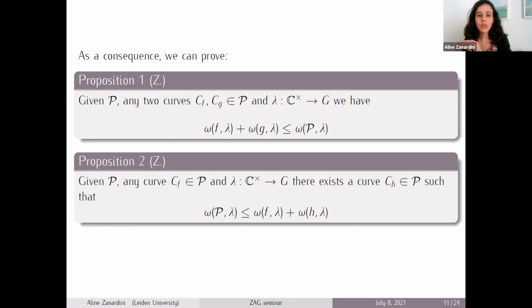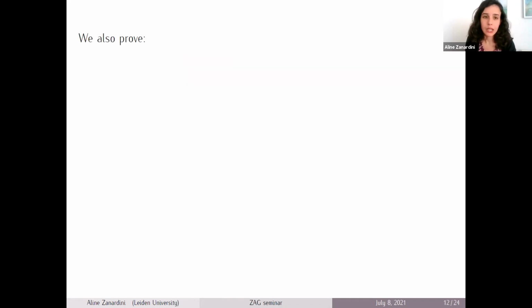Okay. And so this is what I mean by comparing omega for P and omega for the curves. And as I just told you, this is a key ingredient for the results that I will show you in a moment.